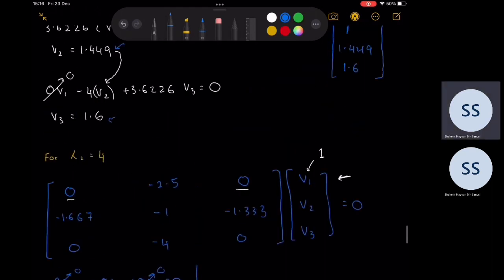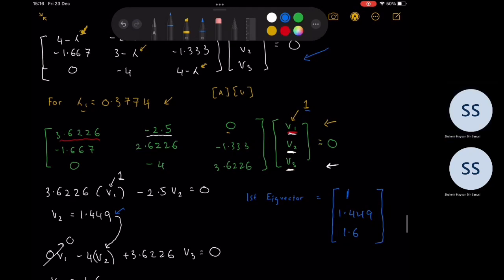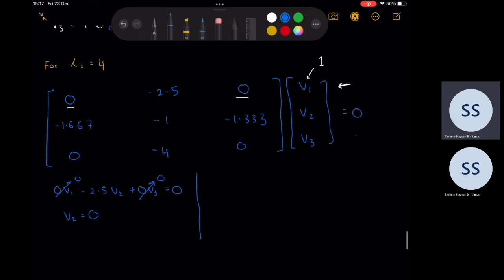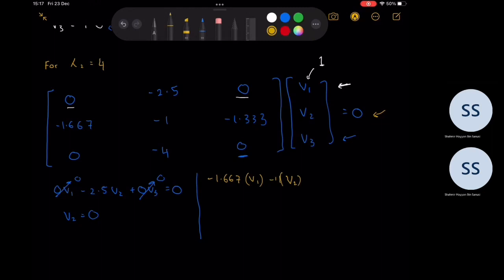In the lambda 1 case, we used the first row and the last row. But now, we can't use the last row to obtain V3 because in the last row, it's 0 V3. So we're going to use the second row, whereby the second row gives us negative 1.667 V1 minus 1 V2 minus 1.333 V3 equals 0.